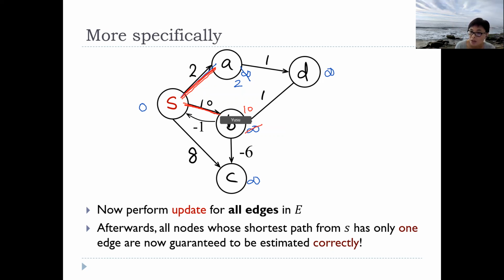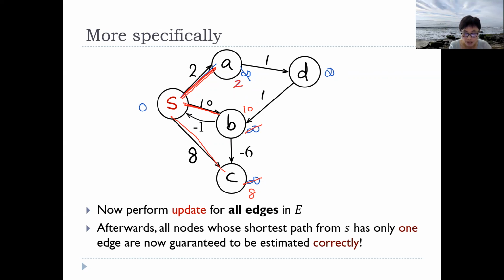Then when we do the same for C, we find a better way to reach C. The numbers I write here are the estimates of the distance, and the red edges are the predecessors of the best estimated path we found so far. So we perform the update on all edges. We can also do the update on edge AD.